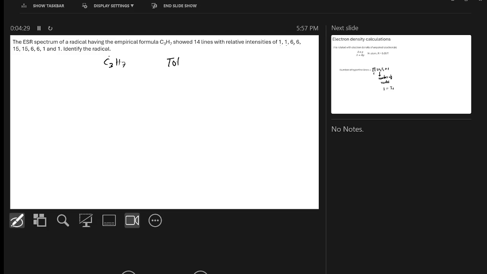Total number of peaks is 10. Total number of lines.